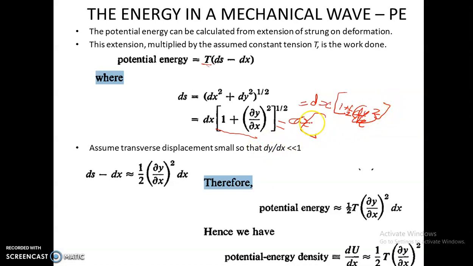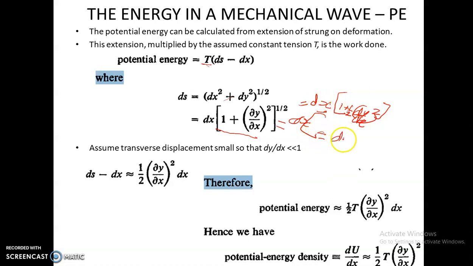So we substitute it here. Then ds minus dx becomes dx into 1 plus half dy by dx squared, minus dx. So the dx term goes, what remains is half into dy by dx whole squared into dx. This dx comes from the outside. So we can have an expansion here.